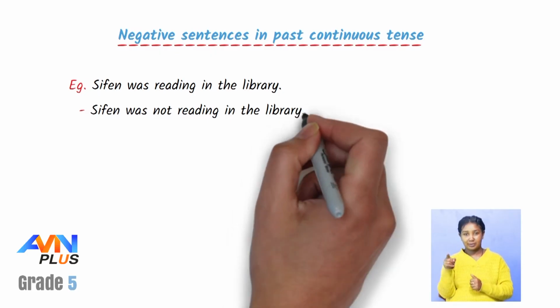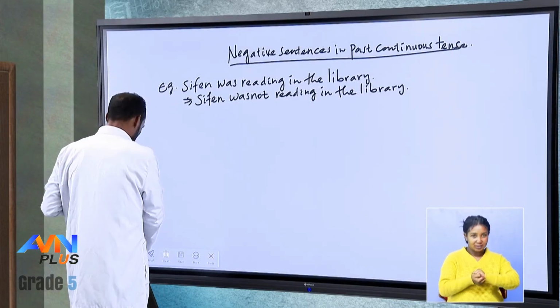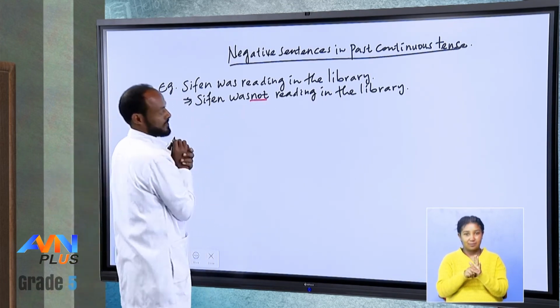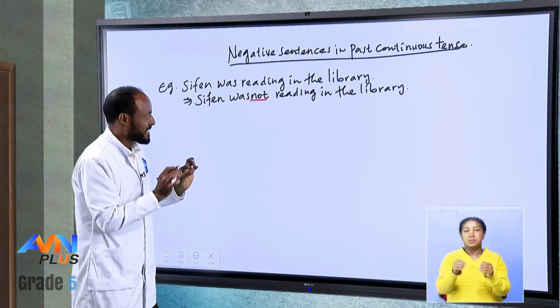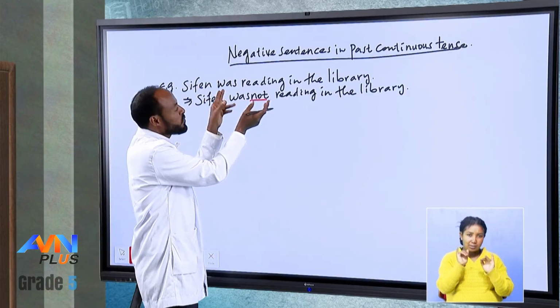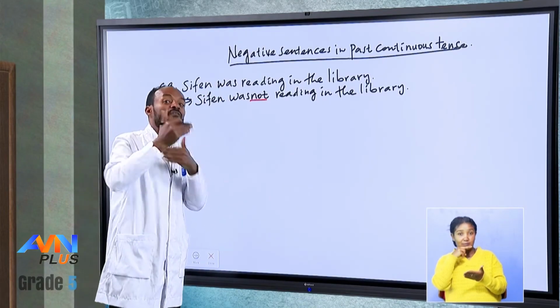So we change this one into negative form. Which shows negative? Not. We simply add not. Here the subject is the same, the position is the same, but we add not between the verb to be and verb-ing.